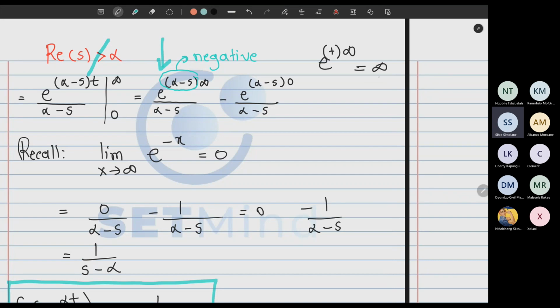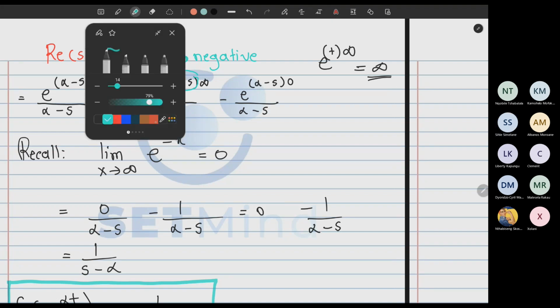This becomes infinity, and your entire integral, if you minus infinity or you divide infinity by something, the answer will still be infinity. So it defeats the purpose, meaning for us to be able to utilize Laplace transform, we need to make sure we impose this condition.